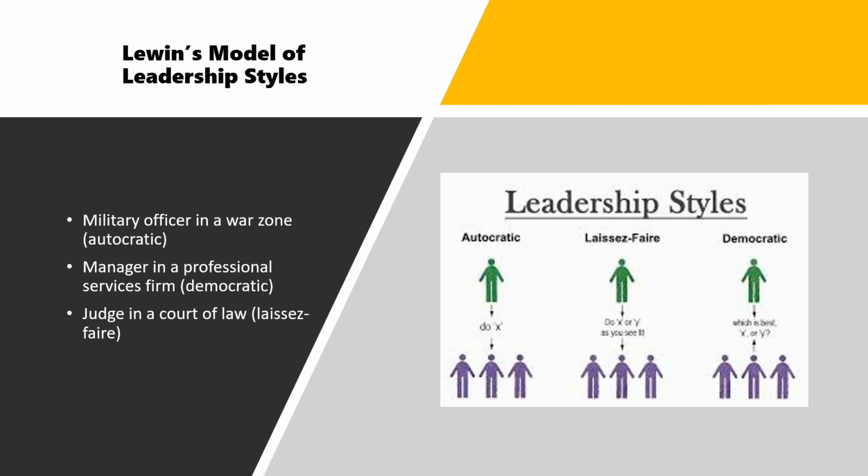For times when you want to take the team with you and engage them in the process of leadership, you'd want to be democratic. And at times where you believe that the team has sufficient maturity to make up their own mind and make their own decisions, you may well want to be laissez-faire.